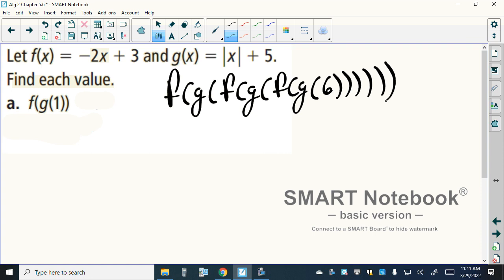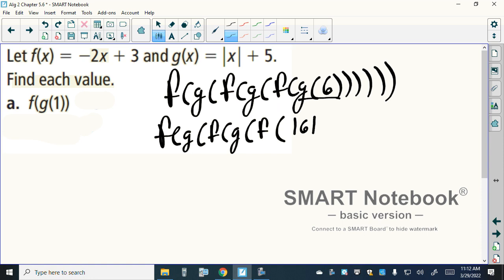But again, we're still working from the inside out. So for this here, we'd start with g of 6. Because again, working from the inside out, we're evaluating g of 6 first, yes? Well, that would be the absolute value of 6 plus 5.